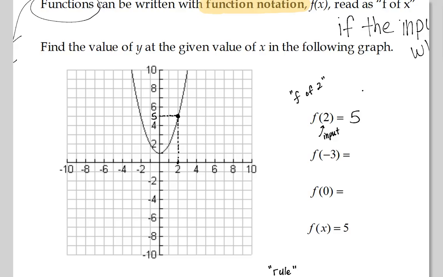Can you do the next one for me? What happens when it's negative 3? What do you get? All the way up to 10. What about when x is 0? 1. Excellent. It's right here.